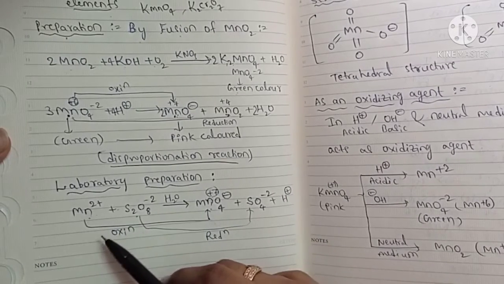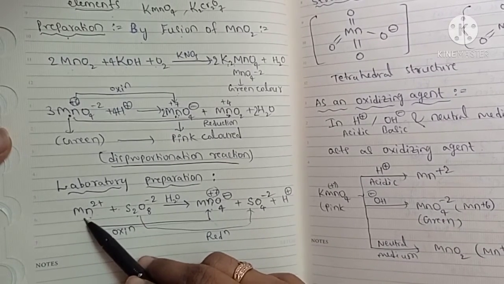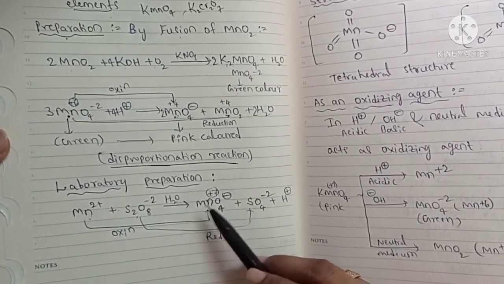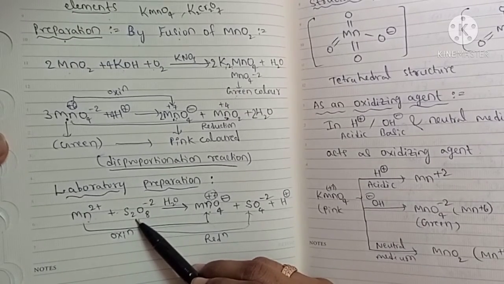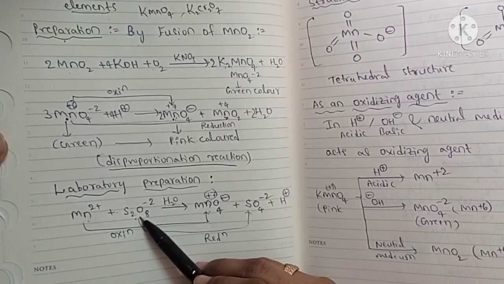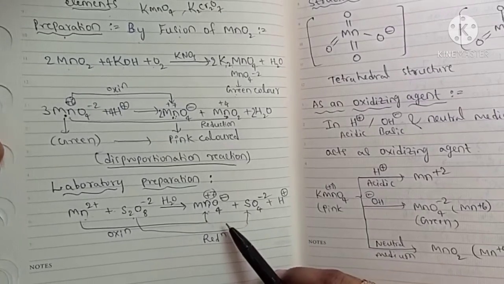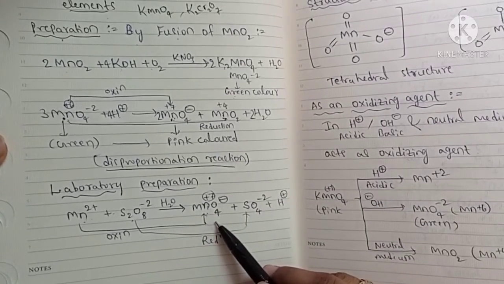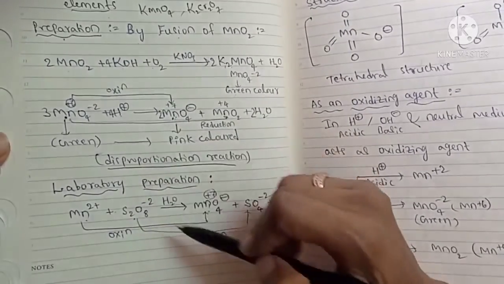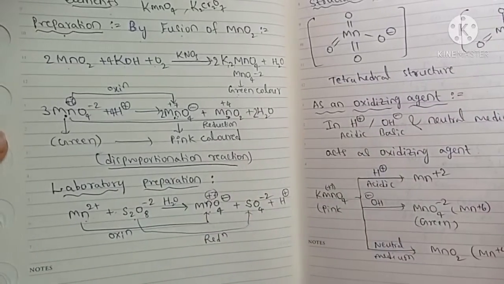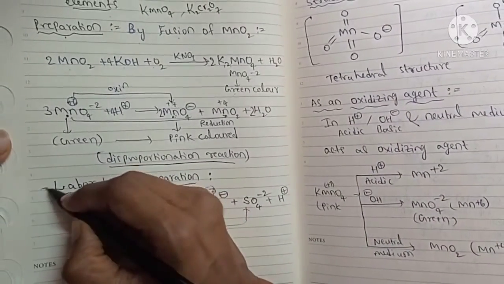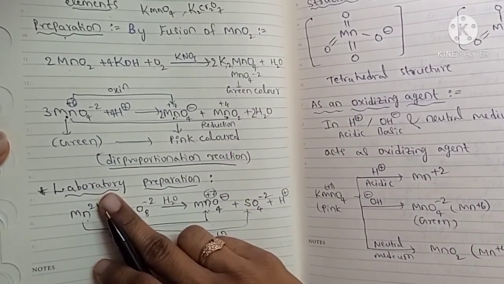In this reaction Mn plus 2 undergoes oxidation, and sulfur in S2O8 2 minus undergoes reduction. So this is an example of a redox reaction. These are the two preparations of potassium permanganate, and the second one is used in laboratory preparation.